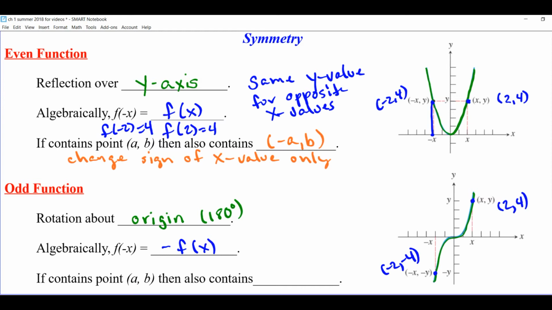So when I put in the positive 2 and then the negative 2, we're getting opposite values for our y coordinates. What this is telling me is that I get opposite y values for opposite x values.